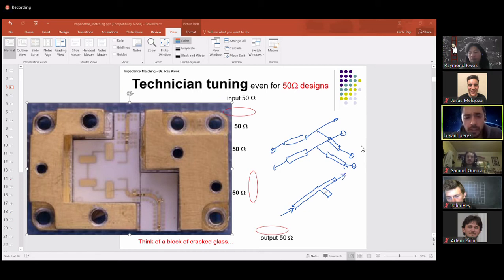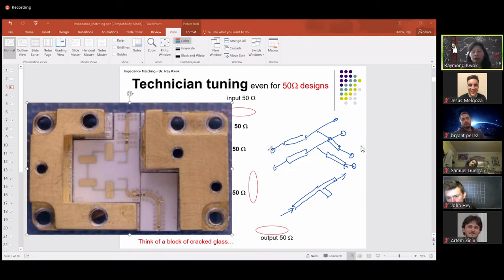What would a series stub look like on microstrip? On microstrip, to do a series stub, let's say, again, this is the side view of a substrate, and this is the ground. So I have a series stub, an active line going to the top. I want to do a series open stub, for example, then I would have to solder a piece of metal here.